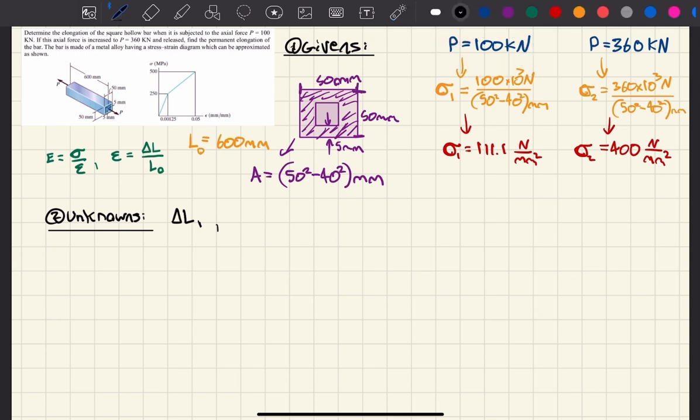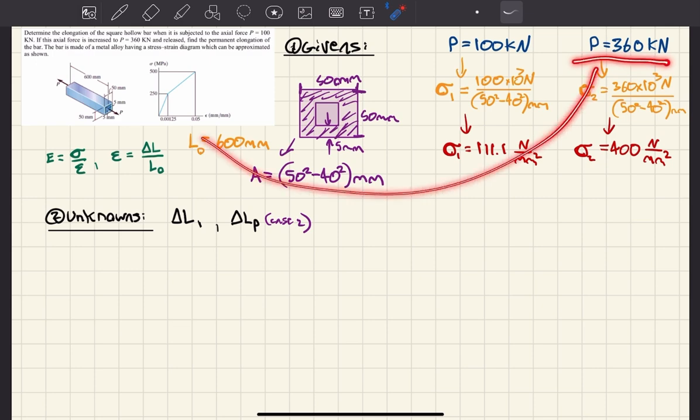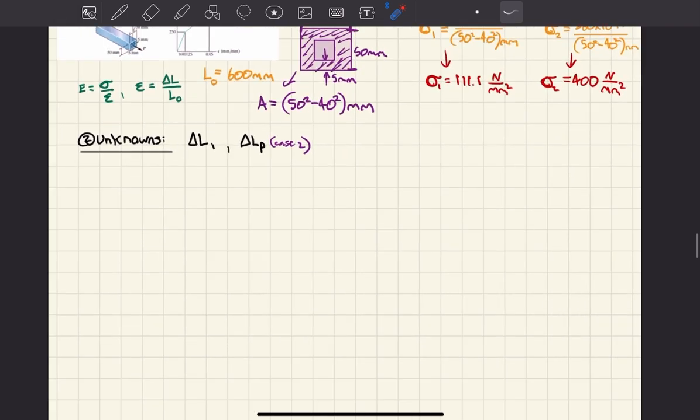And we're also looking for the change in length of the bar caused by the permanent deformation, which is basically the permanent change in length of the bar. We'll just call it that. And just as a note, this is for case 2. So when we apply this force and we let go, we're going to have some permanent deformation, as we beautifully explained up there.